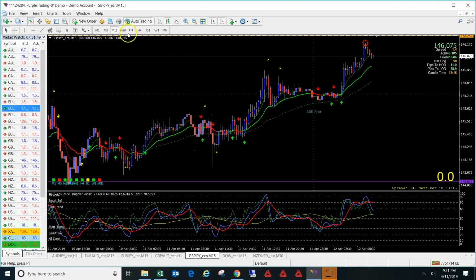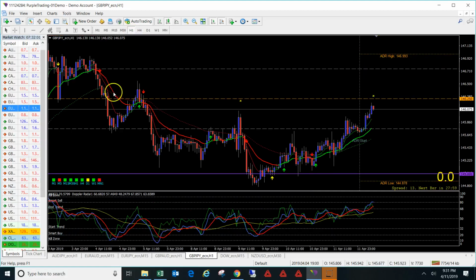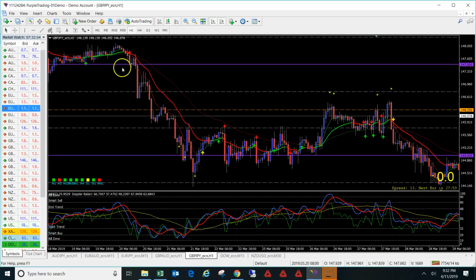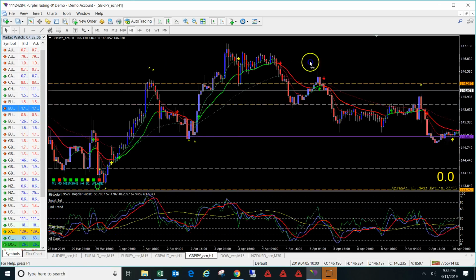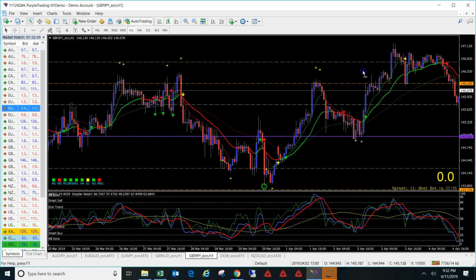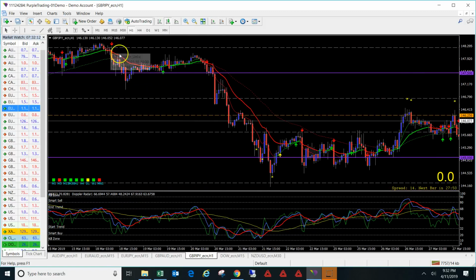Your safest entry, of course, is when price clears all the moving averages. That's why, in the example I showed you, when they're all close together, it's easy for price to clear them going to the downside, and you don't have to worry about it bouncing off another MA.